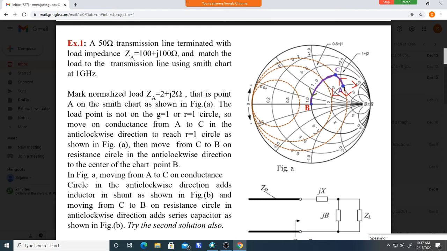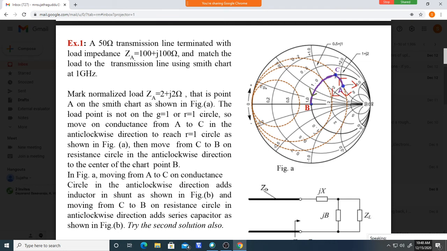See, you are choosing the conductance circle means you will be reaching the R is equal to 1 circle. So from here, you can move like this, in the anti-clockwise direction. You will be reaching the R is equal to 1 circle. See like this, A to C, you move.